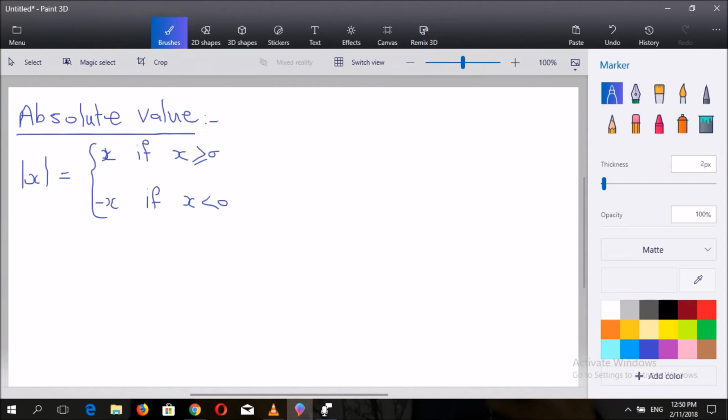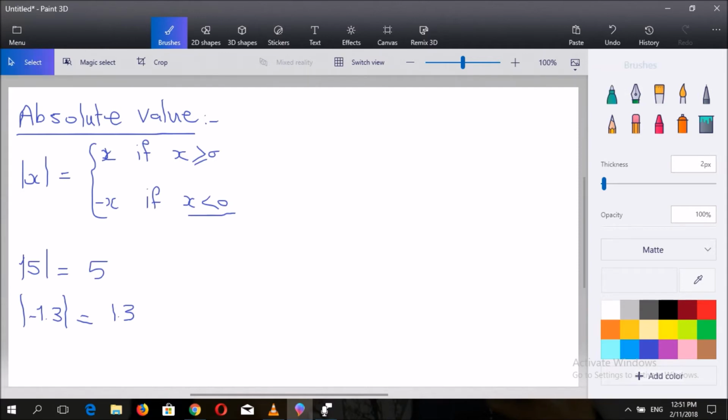All right, now let's talk about something called the absolute value. I am going to explain the concept of the absolute value. What do we mean by the absolute value of a mathematical number x?